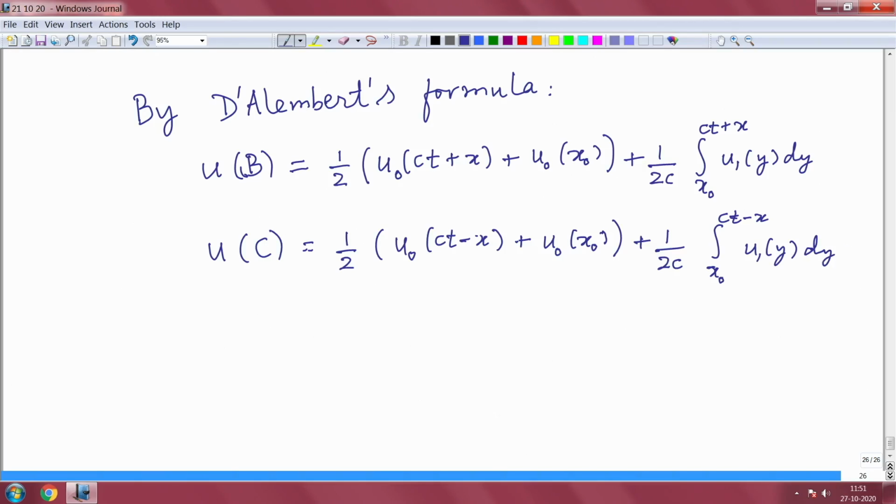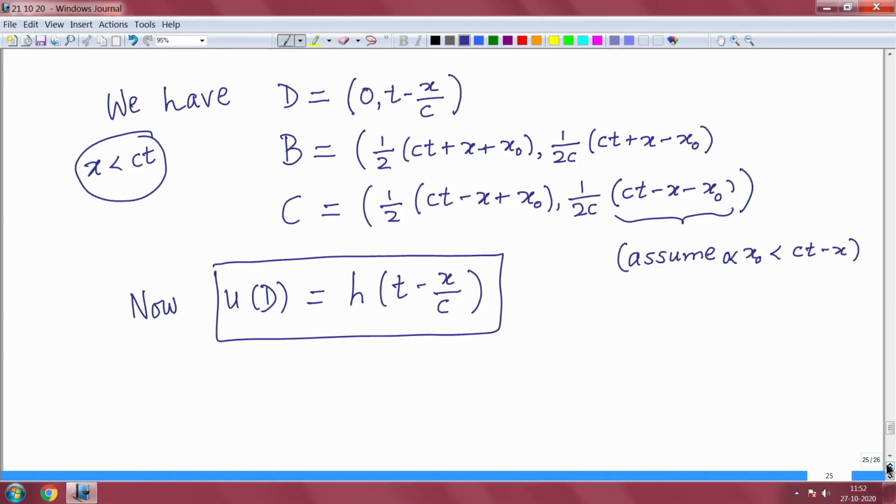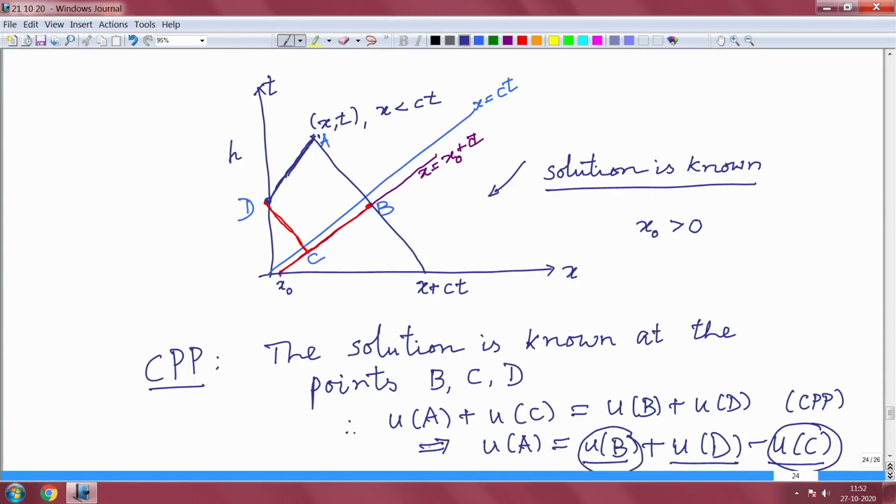So, we have found the solution at all these 3 points. At D it is provided by the boundary condition, and at B and C it is D'Alembert's formula that provides the solution. Now again you go back to the CPP. u of A is given by this, so just plug in there.